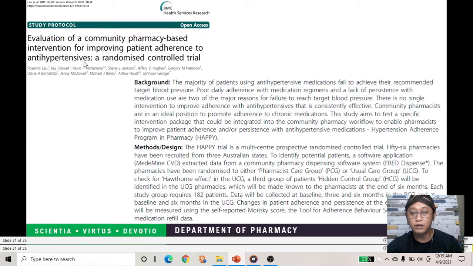They intervene with the patients using something, because they are concerned about patient adherence to antihypertensive treatments, since antihypertensive treatments are usually used long term. They have 56 pharmacies recruited from 3 states of Australia, and they compare the intervention group and the control group.